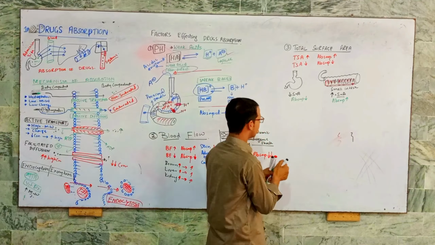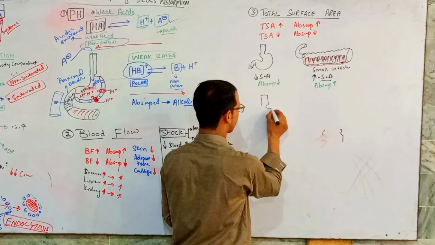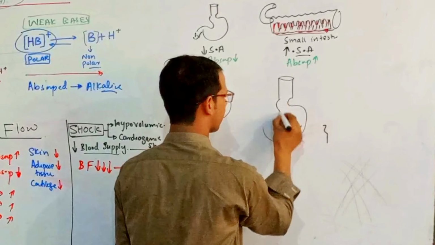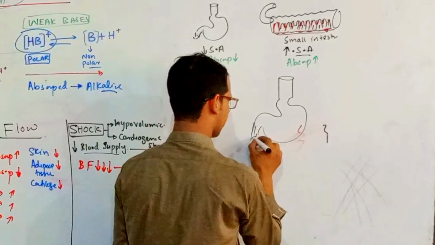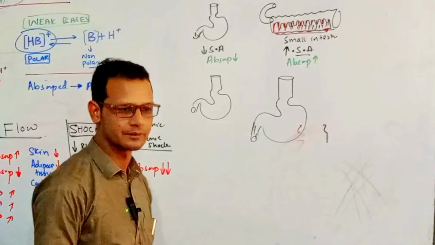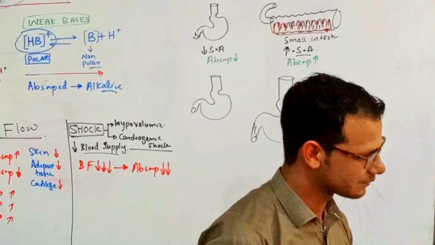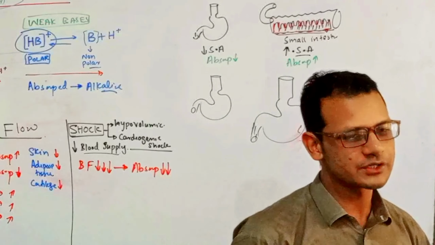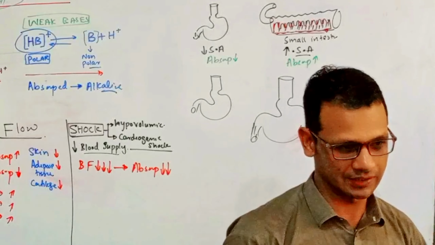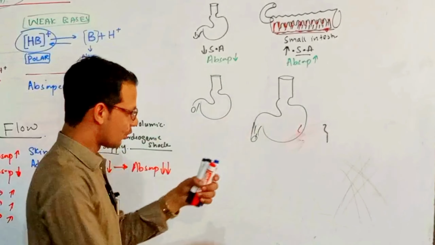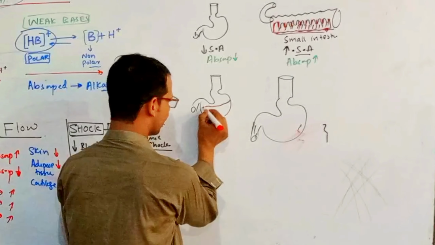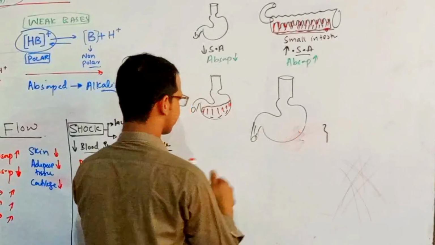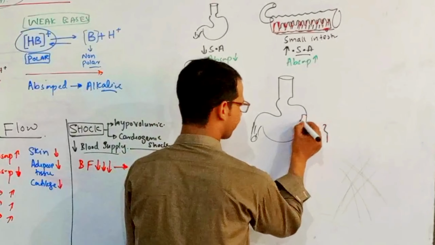For example, we have two stomachs. One is full of food and this is empty.